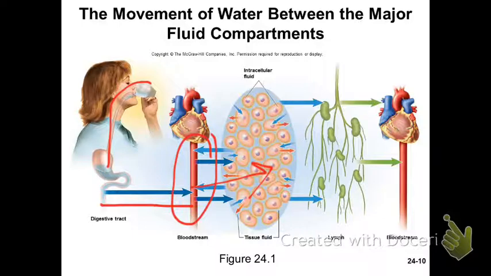And so you've got fluid moving in and out of your tissues. That's the tissue fluid, the lymphatic fluids. And that lymphatic fluid is being picked up by your lymphatic vessels, and your lymphatic vessels do in fact drain back into your bloodstream. So there's this constant movement of fluid from one compartment to another.